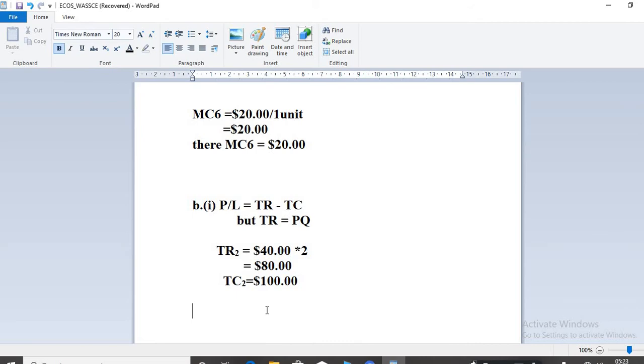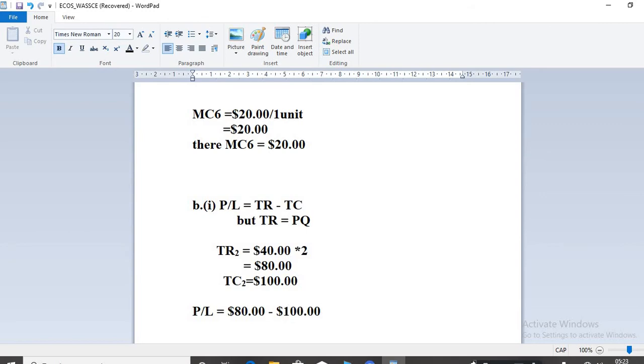So if you slot that in, profit or loss, we should determine whether we are going to make profit or loss. It will be 80, which is the total revenue, less 100, which is the total cost.